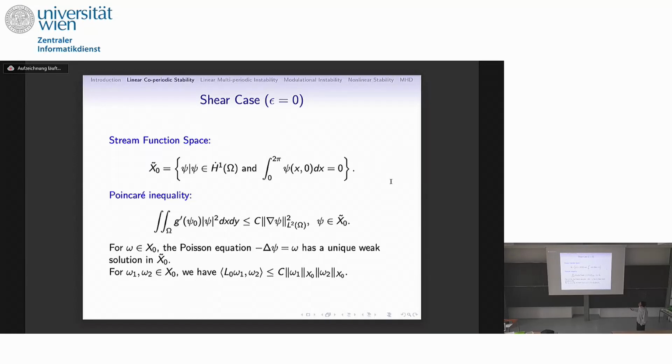And for this space, a nice thing is if you add a weight G prime of psi 0, where psi 0 is one of the steady states of the Stuart solution, then you do get a Poincare type inequality with this exponential weight. This decays exponentially fast at infinity. So we get this kind of Poincare inequality.